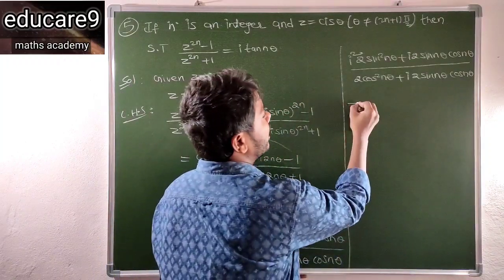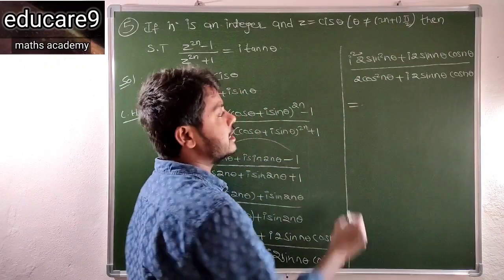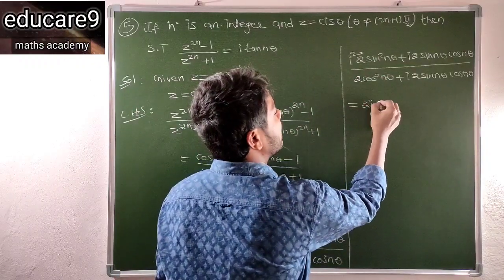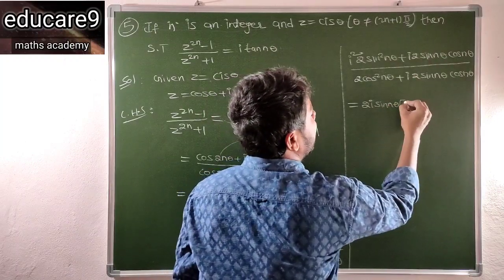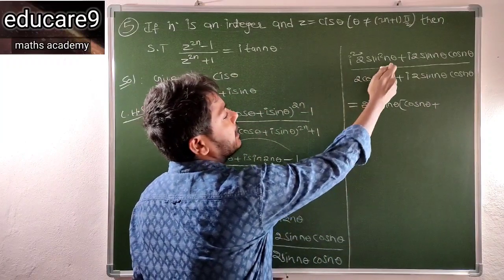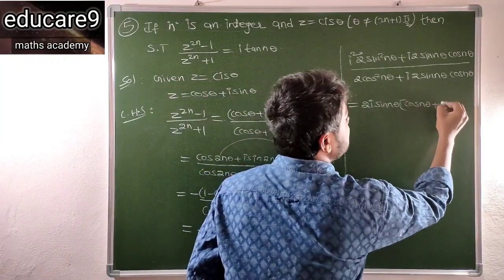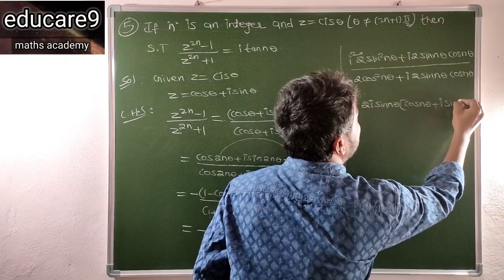So clear, in the numerator 2i sin n theta is common. So here you will get cos n theta, here 2i sin n theta is common, so remaining term is i sin n theta.